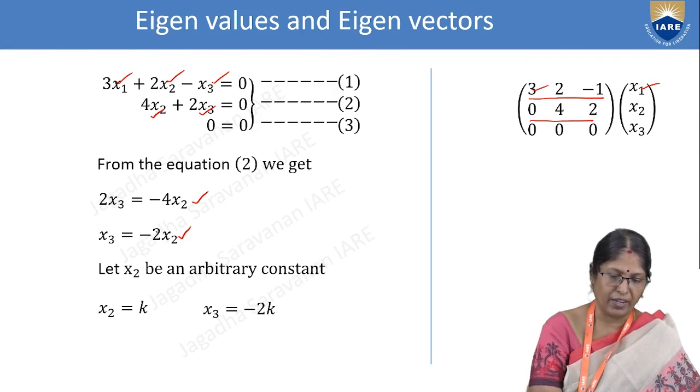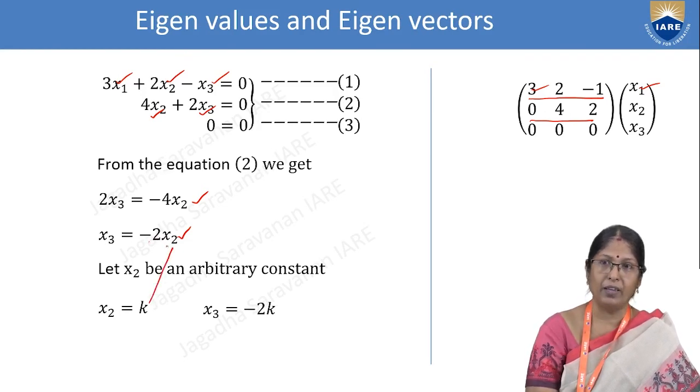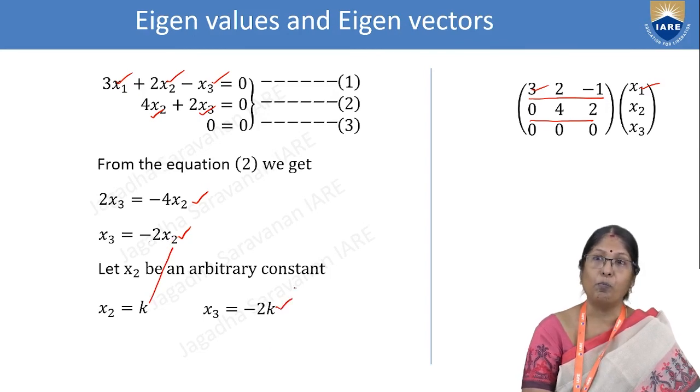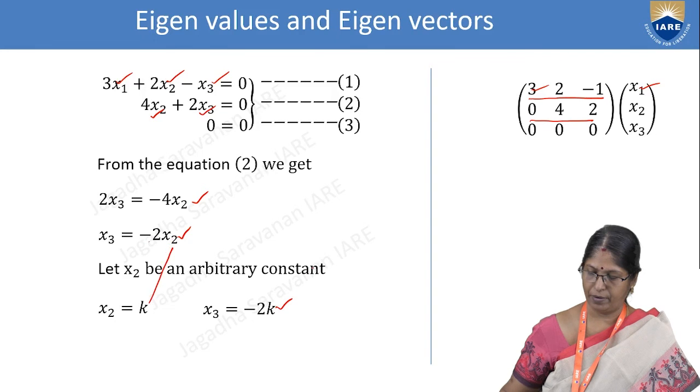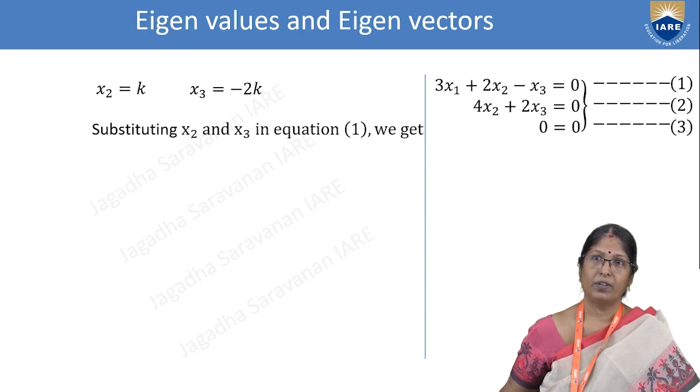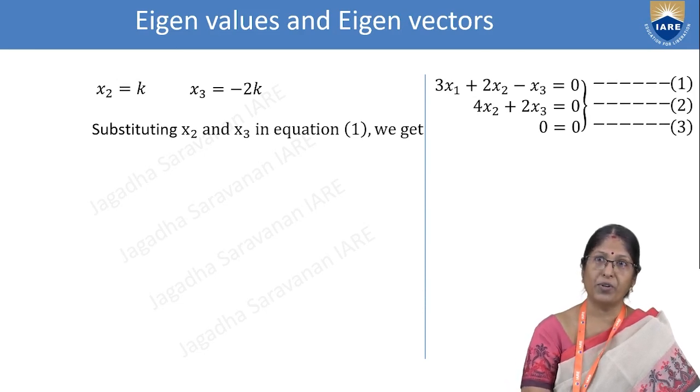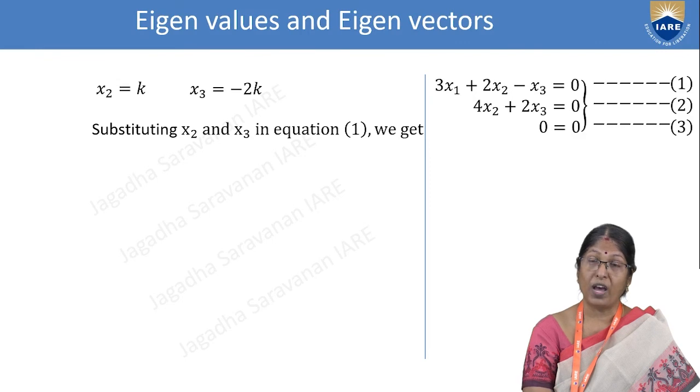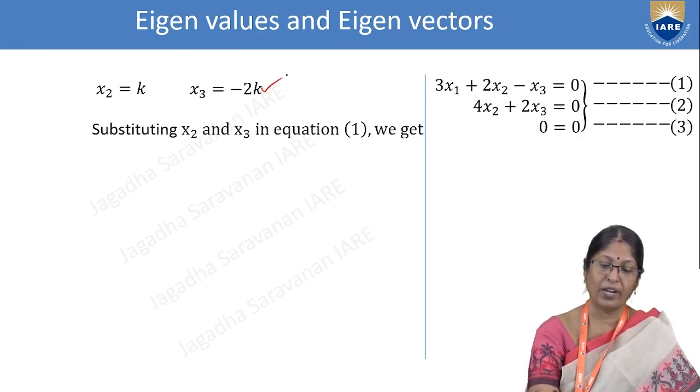We are getting minus 2 into k, x3 equal to minus 2k. So you can see, in these 3 equations, x2 and x3 values we are going to substitute because we want the values x1, x2, x3. x2 arbitrary constant we declared, and with that help we got x3.